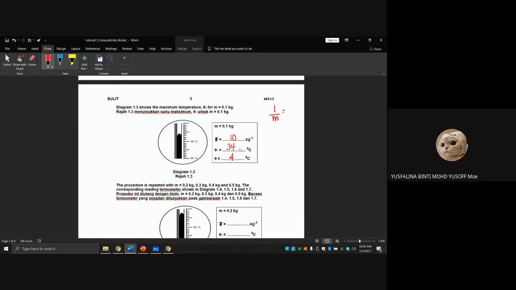Because this one I changed to Word from PDF, the symbol is changed. This is 1 over m, right? Here it gives you m is 0.1. So you just substitute m with 0.1. So 1 divided by 0.1, you will get 10 kg negative 1. Is it clear? Clear, teacher. Alright, thank you.